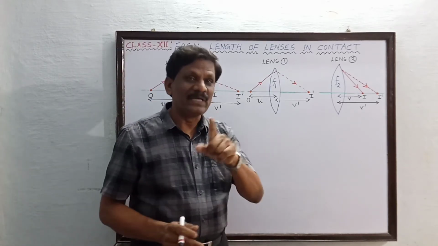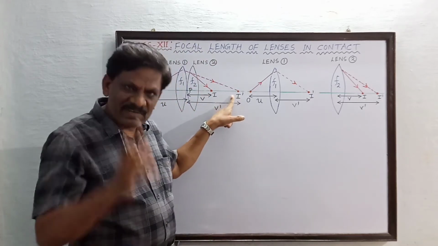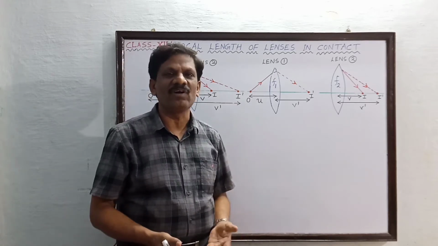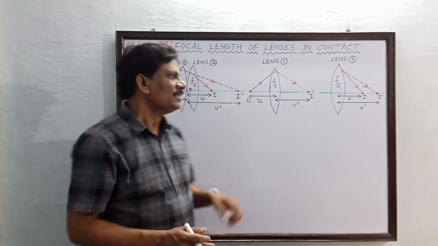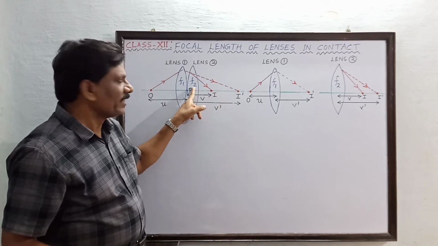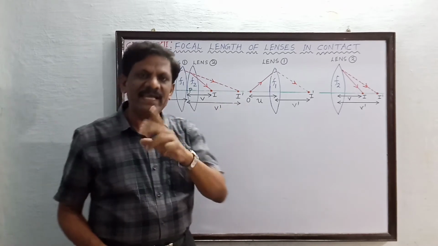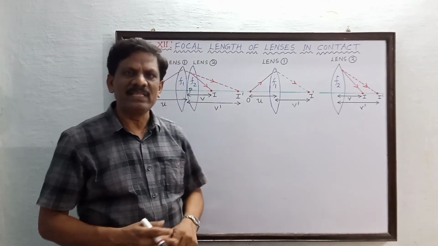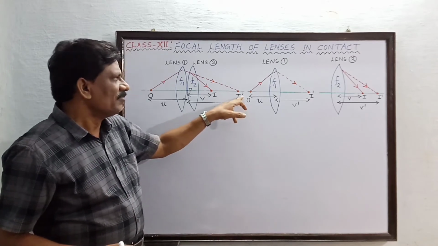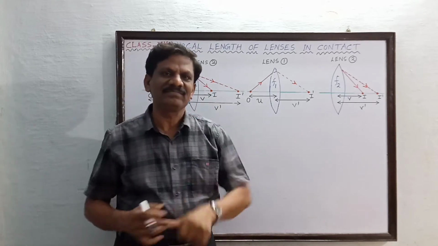Understand? But this image I dash formed by the first lens acts as a virtual object for the second lens, which has a focal length f2, and for this virtual object the final image is formed at I.